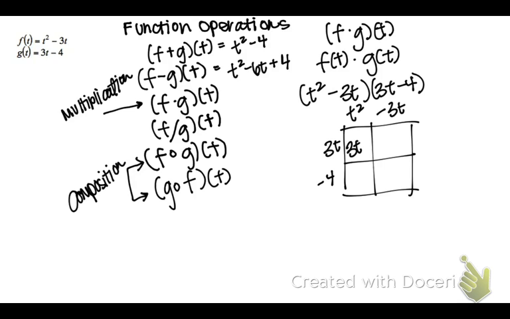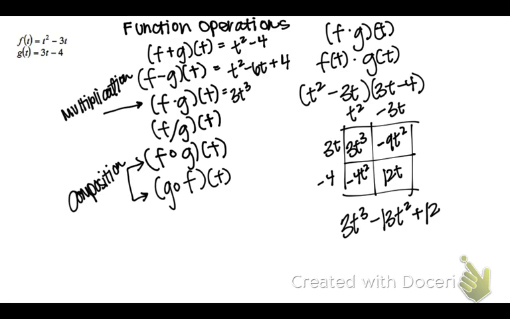This gives 3t cubed, negative 9t squared, negative 4t squared, and 12t. If we combine those, that's 3t cubed minus 13t squared plus 12t, sorry.